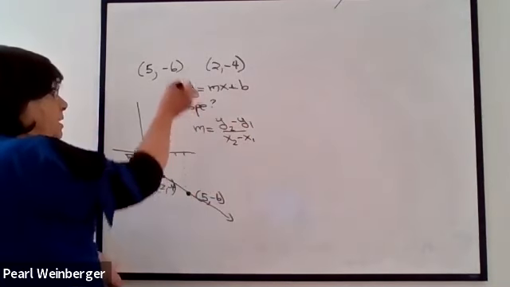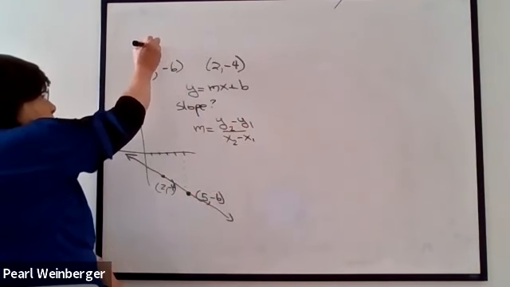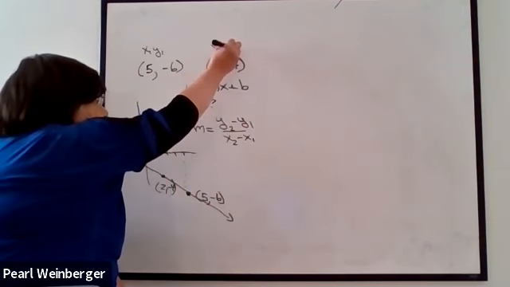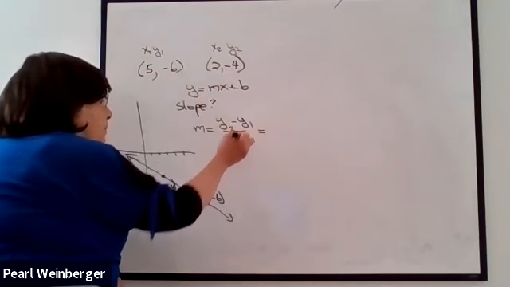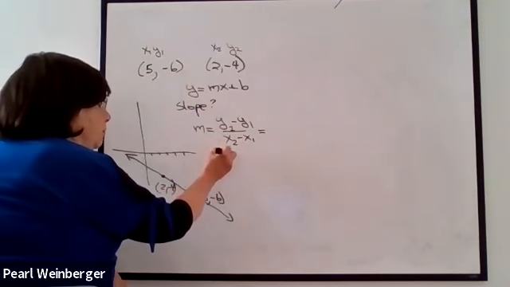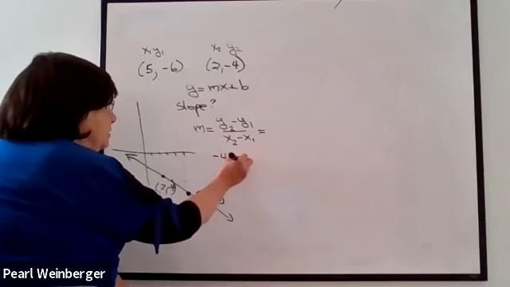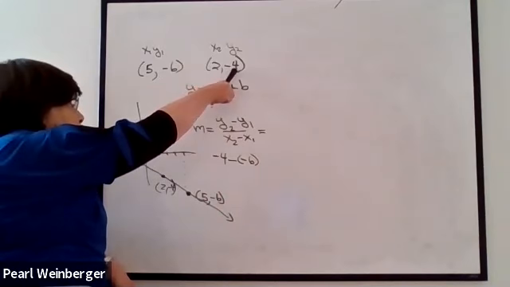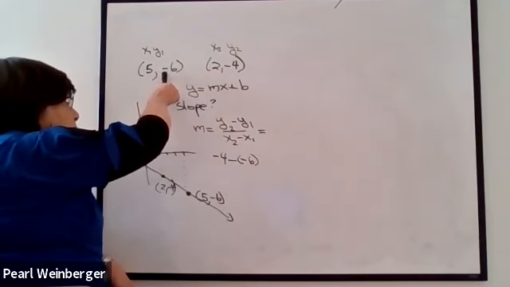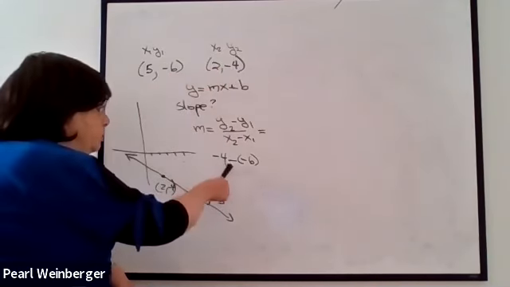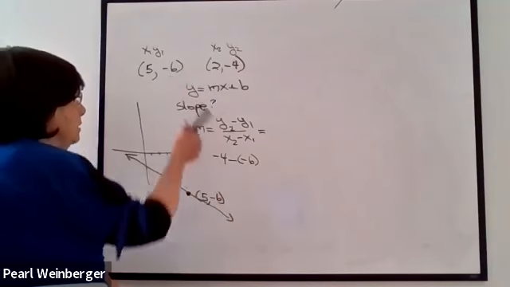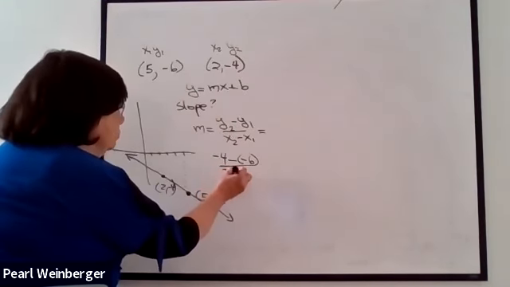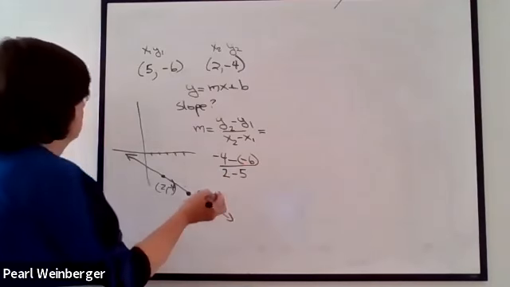And we can pick either point to be the x1, y1, which makes the other point the x2, y2. So in this case, I'm doing y2, which is -4, minus -6. Be very careful with your signs. It's y2 minus y1, and for the y1, it's two negatives because you're subtracting a -6, over x2, which is 2, minus 5, which is x1.